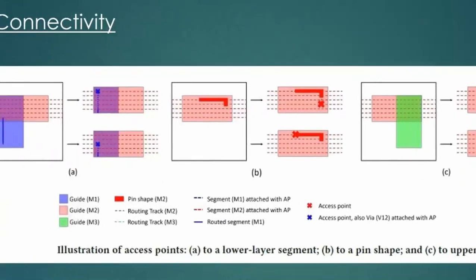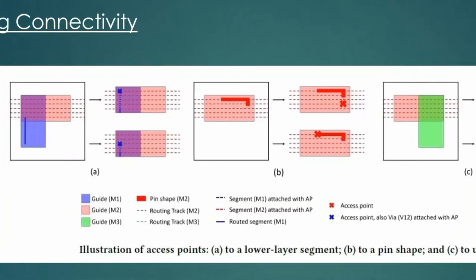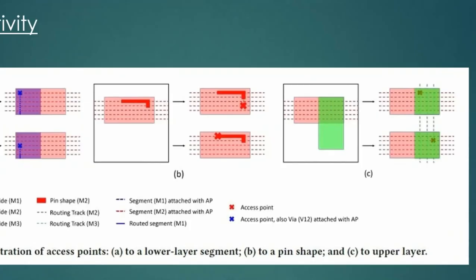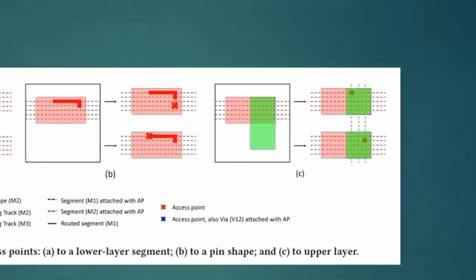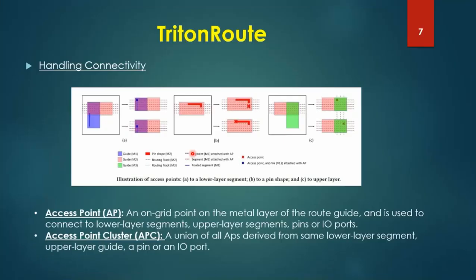So these are 3 scenarios, 3 connectivities which need to be handled by TritonRoute: connecting the lower layer with the upper layer, connecting the pin within the same layer, and connecting to an upper layer.